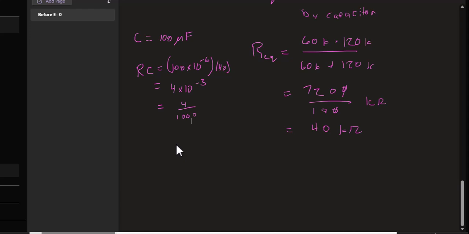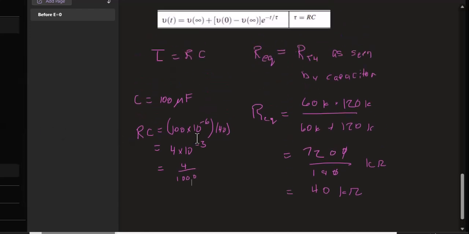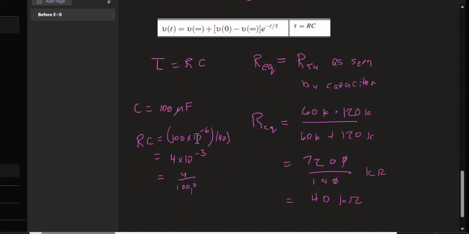Now, I like to think of my formula a little bit differently than the way it's written, just because it ends up with something nicer.